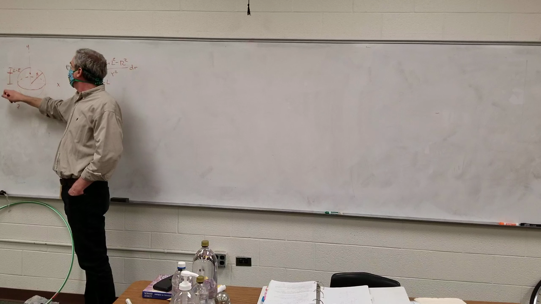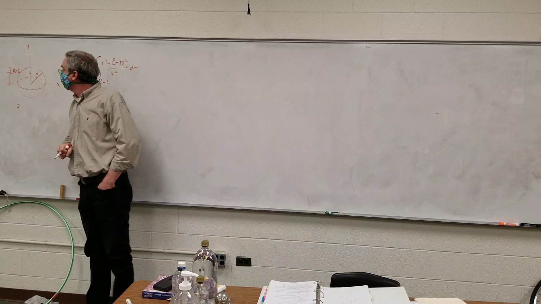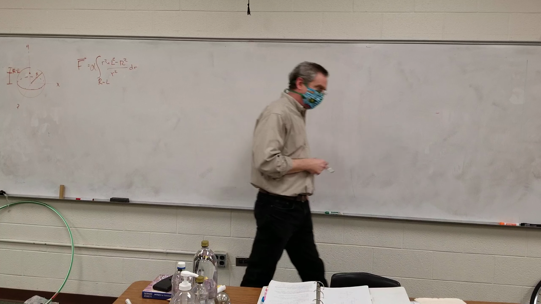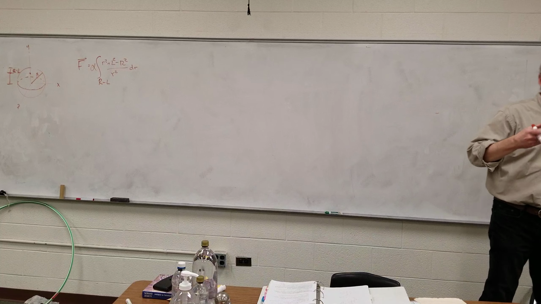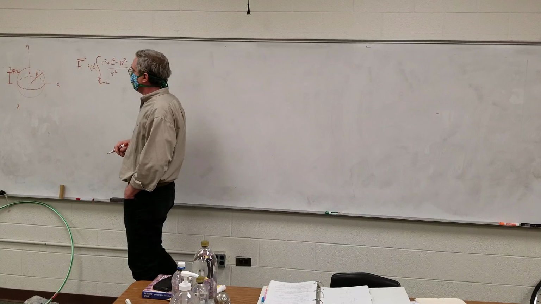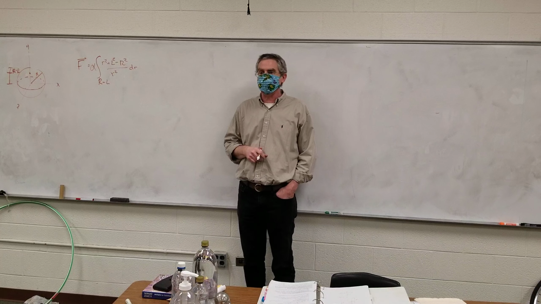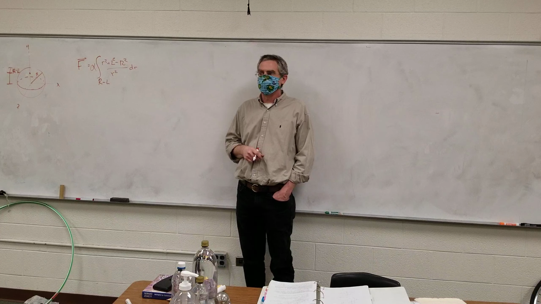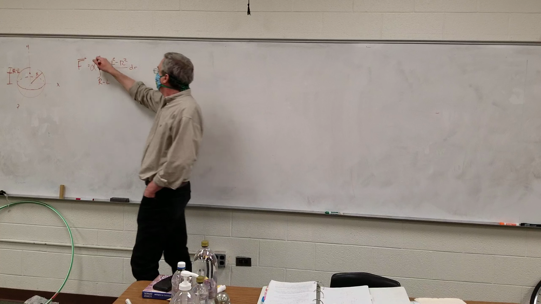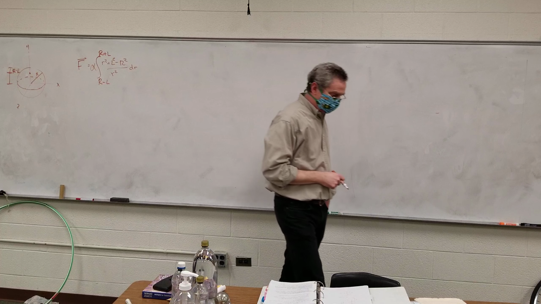Unlike what we did before, where it was big L minus big R, this is big R minus big L. What is the adjusted value of little r? What's the farthest away that we can be? Big R plus L. So that's the calculus problem we're dealing with.